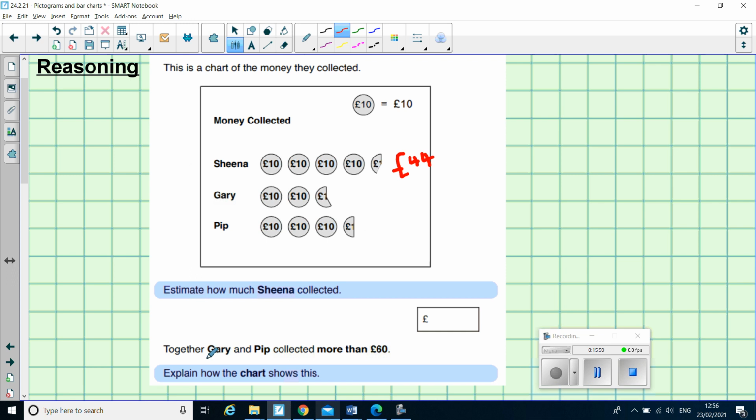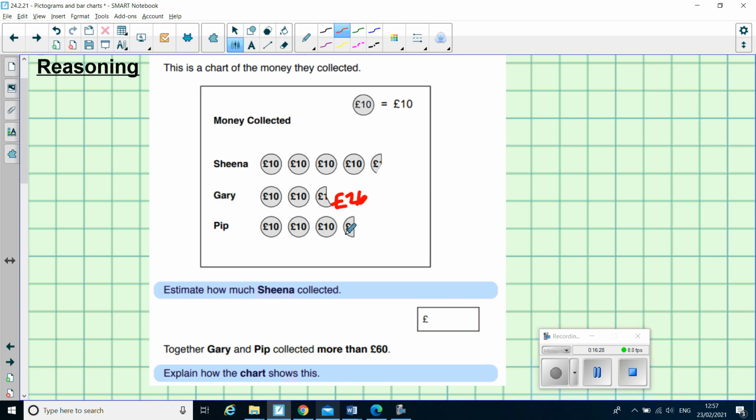Okay, next then, we've got Gary and Pip collected more than £60. So we've got to explain how the chart shows this. So Gary collected 20 and a bit more than half. So perhaps Gary collected £26 if we're estimating. And Pip collected 10, 20, 30, 35, isn't it?